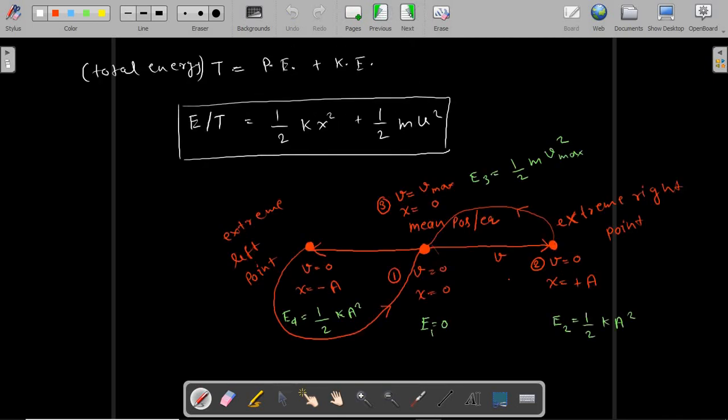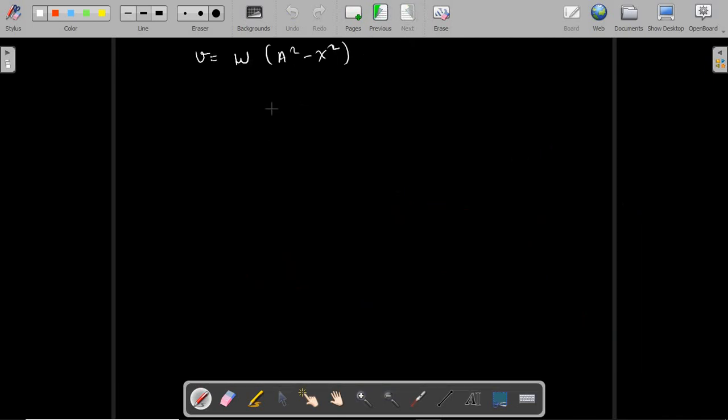Yes Kevin, you're saying something? Is that the angular velocity? No, omega is not angular velocity here. Omega is equal to 2 pi f, do you remember? Here omega is the angular frequency. What is the angular frequency?